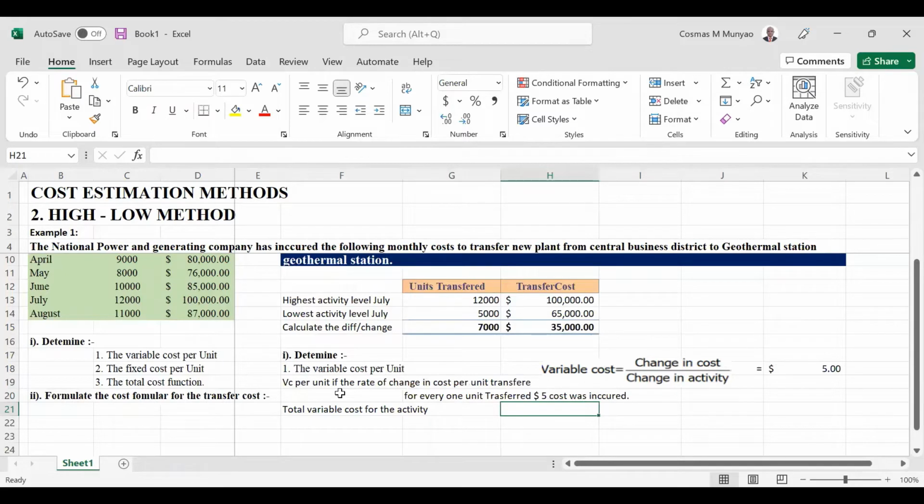You will get the number of units transferred times variable cost per unit, which equals 12,000 units multiplied by $5.